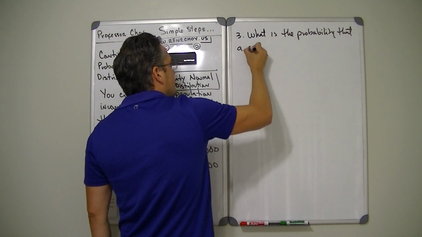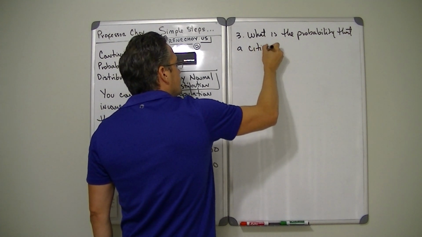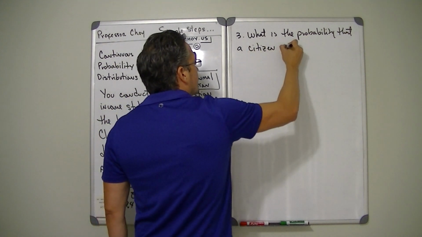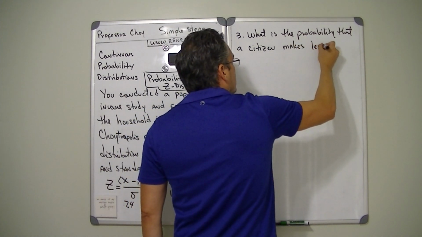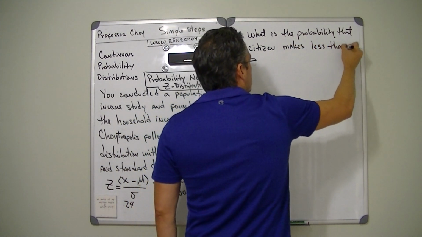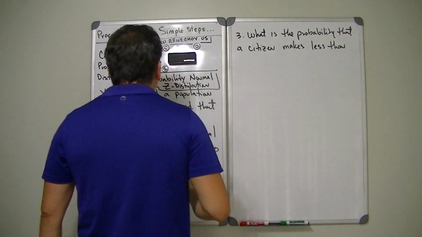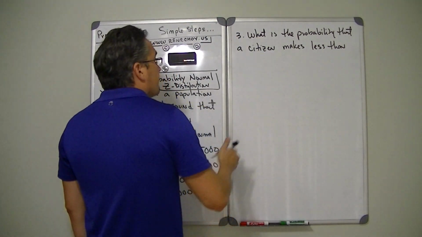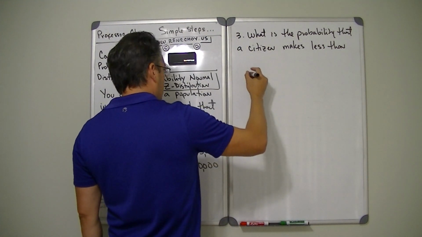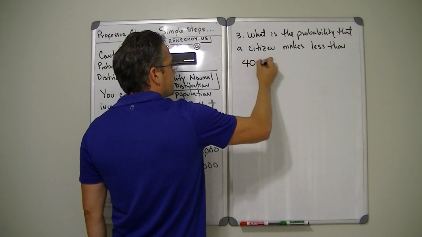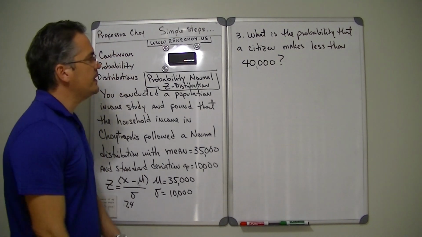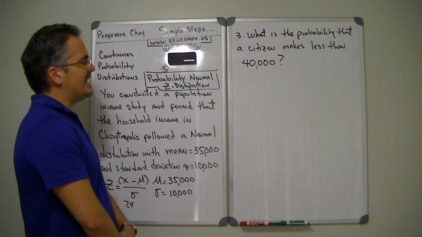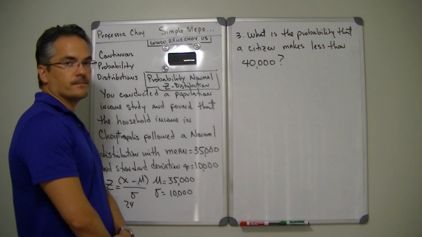All right, that a citizen makes less than, let's call it 40,000. What is the probability that a citizen makes less than 40,000?